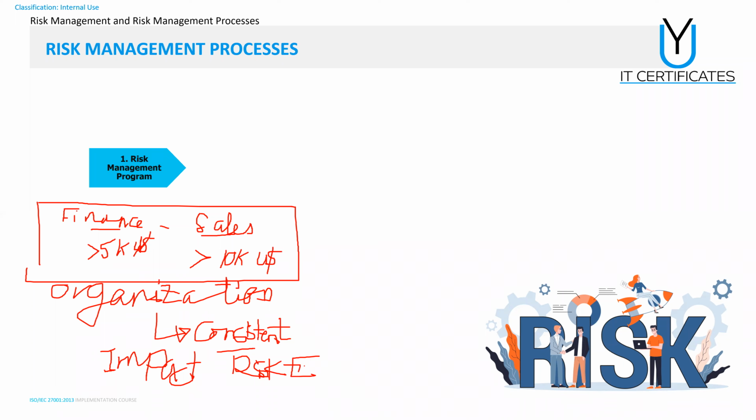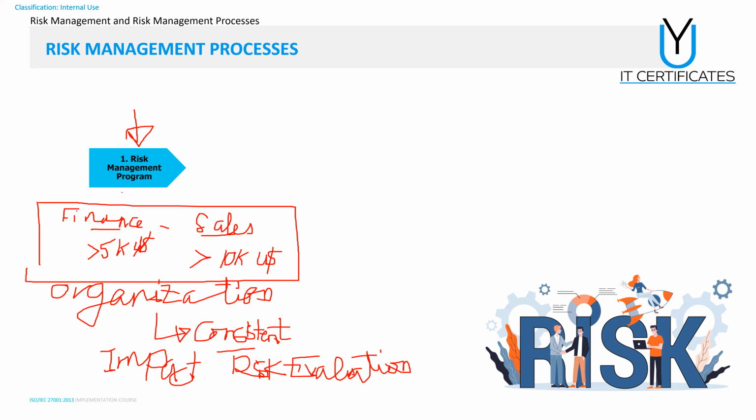Of course, we are using a lot of expressions which may seem complicated, but don't worry about them. We will cover this in more detail when we discuss each process one by one. The risk management program will be considered the Bible for the risk evaluation program in the organization.